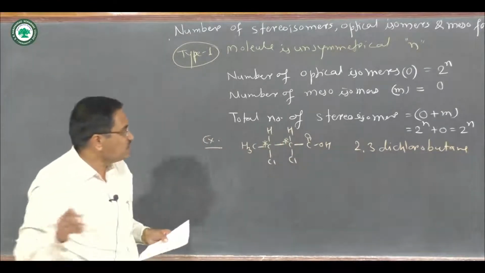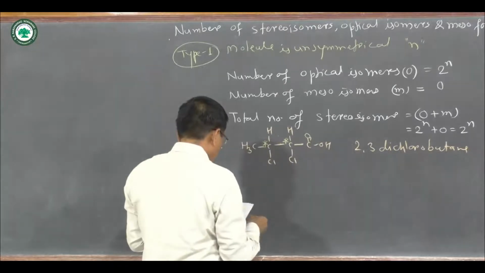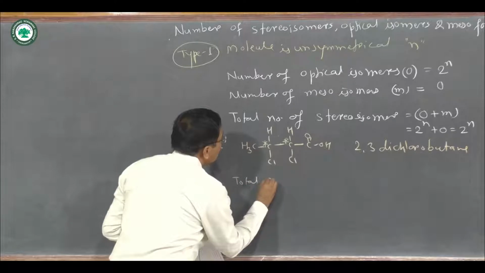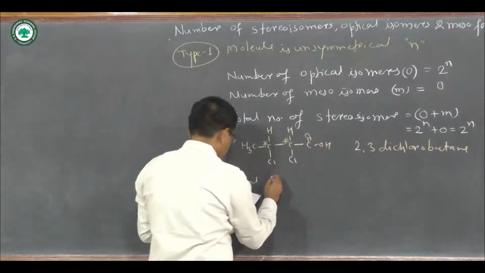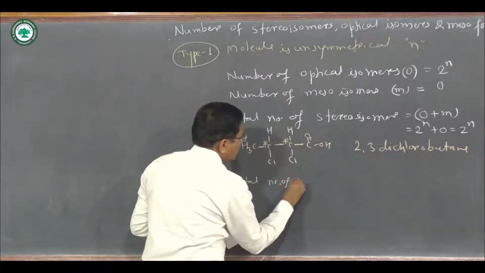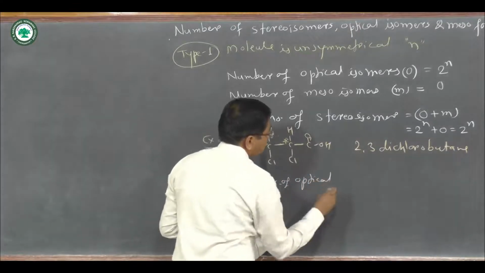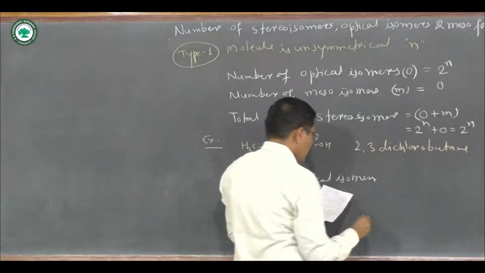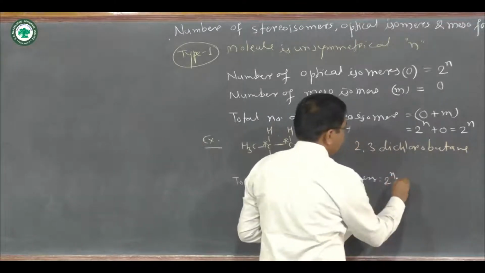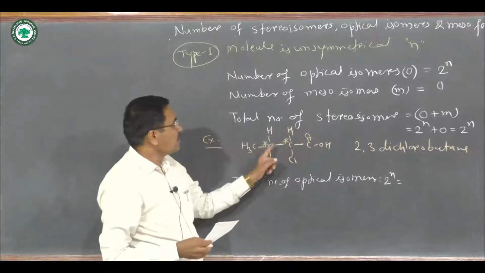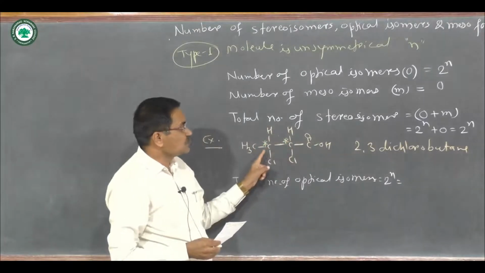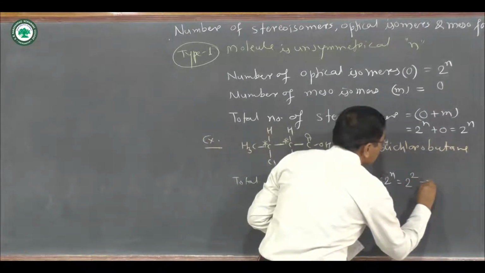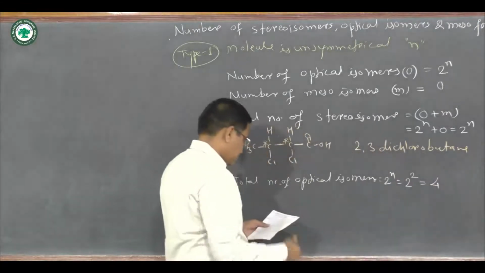So we put the values in the above formula. Total number of optical isomers equals 2 to the power n, where n is the number of chiral centers. In this case there are two chiral centers, so 2 to the power 2, which is 4.